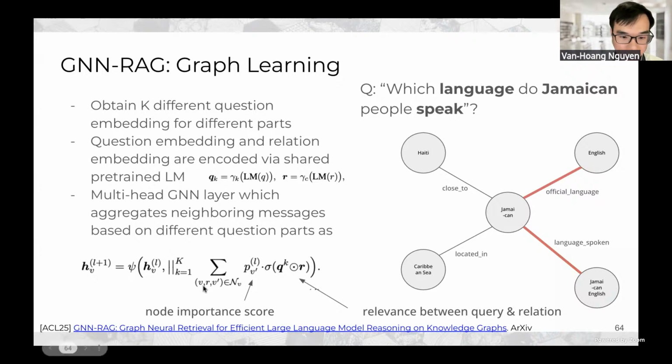After we compute this message passing, we'll be able to compute the next layer representations of the nodes in our GNN.